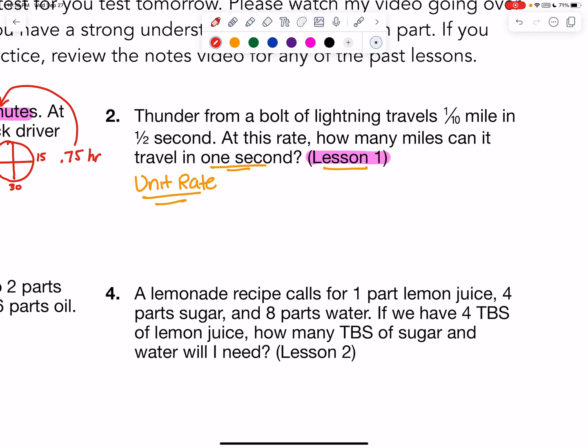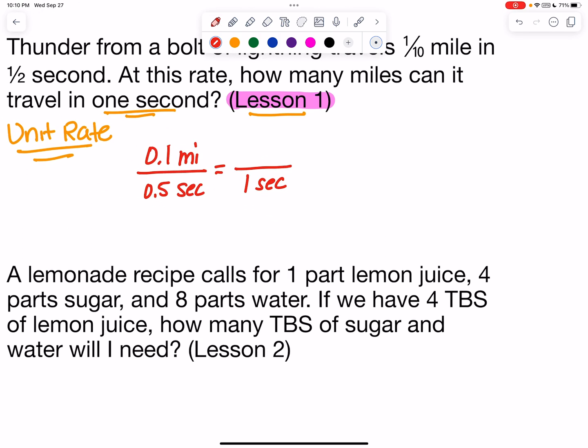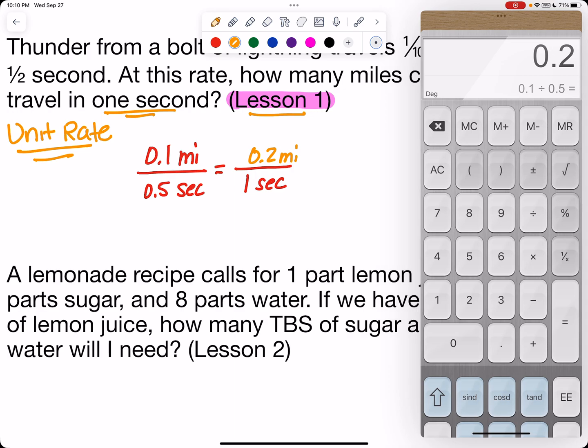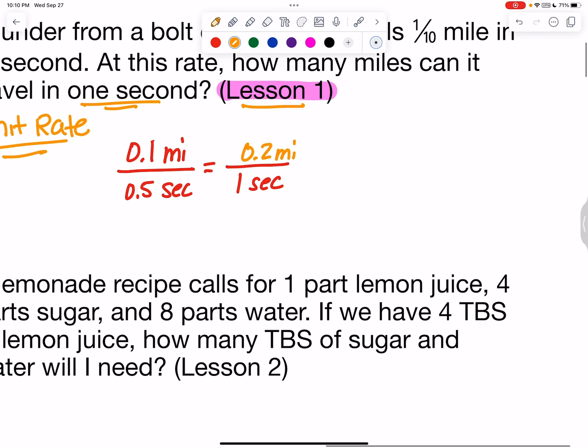We have 1/10 of a mile, so that's just 0.1 of a mile over half a second, that's 0.5 seconds. We want to make a unit rate, so we want to change it to 1 second. How do we find unit rates? We just divide the numerator by the denominator, and we get our answer of 0.2 miles per second. And there you go.